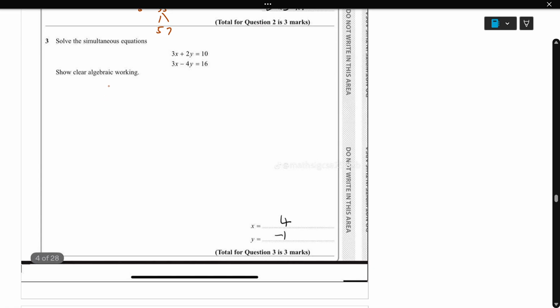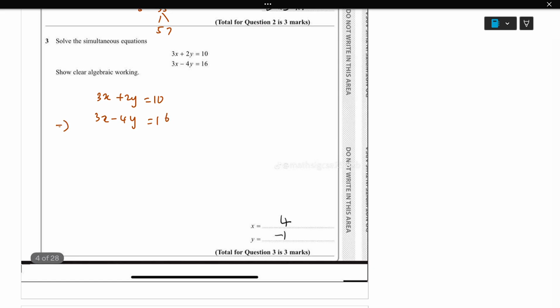Next one, solve the simultaneous equations, show clear algebraic working. 3x plus 2y equal to 10 and 3x minus 4y equal to 16.